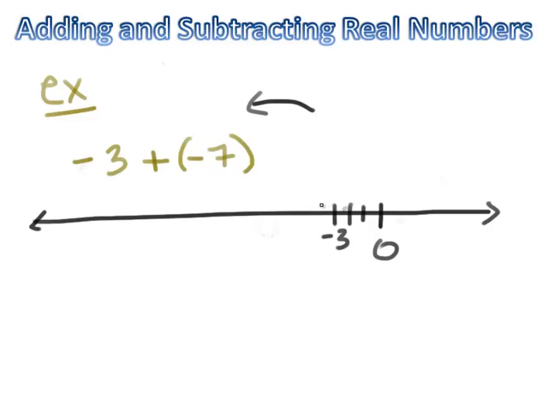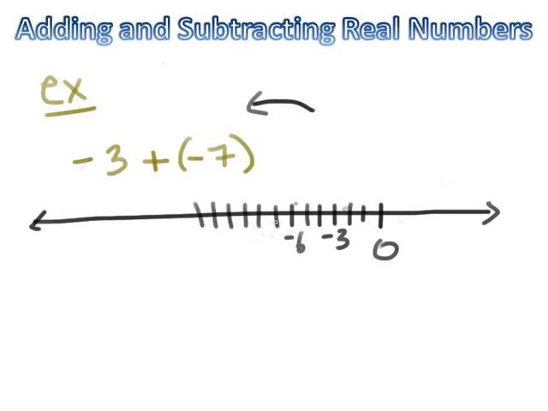So let's mark off some more here. 1, 2, 3, 4, 5, 6, 7, 8, 9. So that should be enough. All right, so that's -3. This is 3, 4, 5, 6. This is -6, 7, 8, 9.